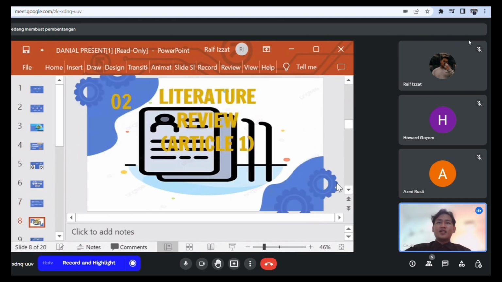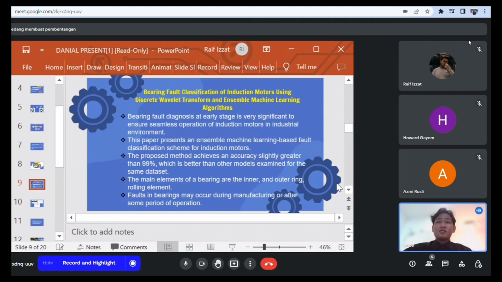Next, I will talk about the literature review, article 1. The title is Bearing Fault Classification of Induction Motor Using Discrete Wavelet Transform and Ensemble Machine Learning Algorithms. Bearing fault diagnosis at an early stage is very significant to ensure seamless operation of induction motors in an industrial environment.